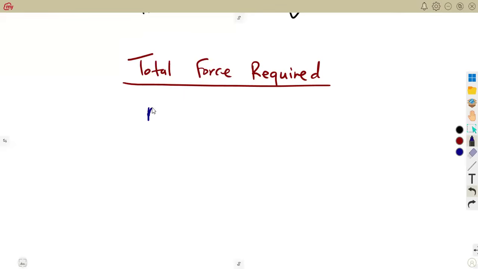Let's say we've got an object which is placed somewhere. It is going to experience a lot of forces. It is going to experience the gravitational force due to gravity.